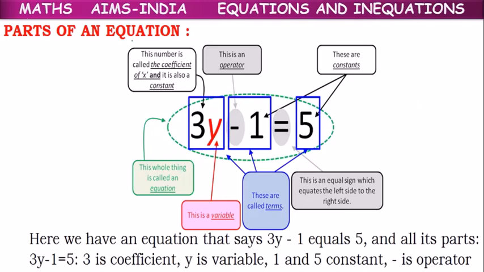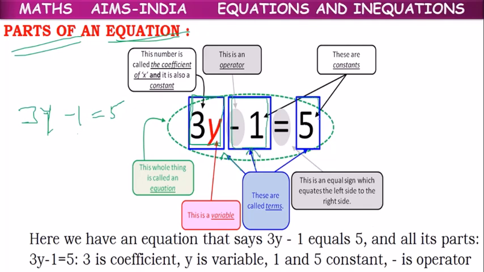Here children, this equation contains so many parts. Suppose 3y minus 1 equal to 5 is an equation. This total 3y is considered one term, and this minus 1 is another term.